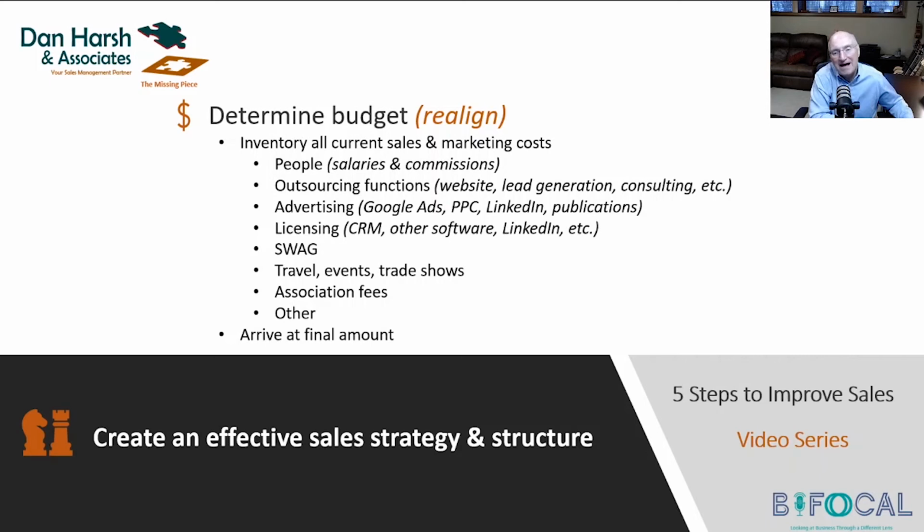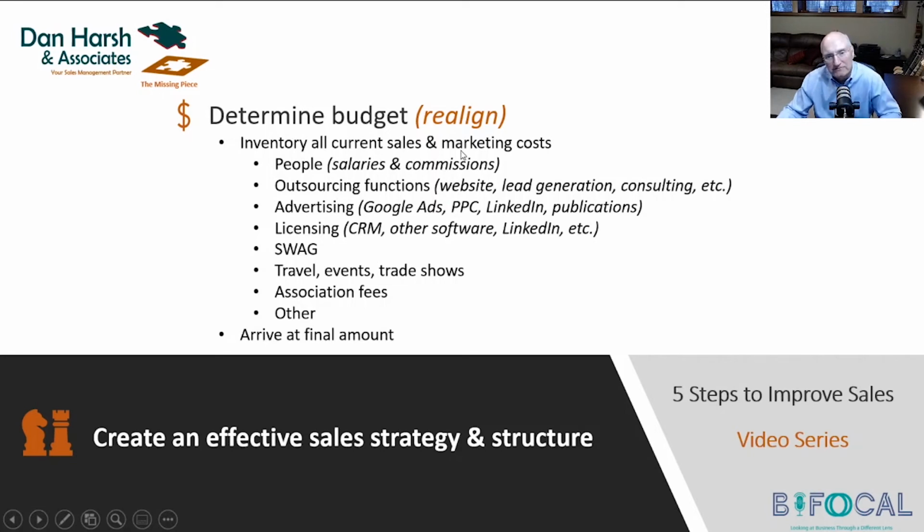I'm probably not going to be implementing the same type of sales structure I had before. So I'm going to try to implement something that's much more efficient, much more effective than what I have now, and I'm going to try to do it without spending any more money. And so that's why I'm talking about realigning dollars.